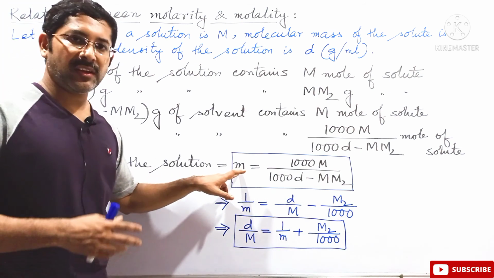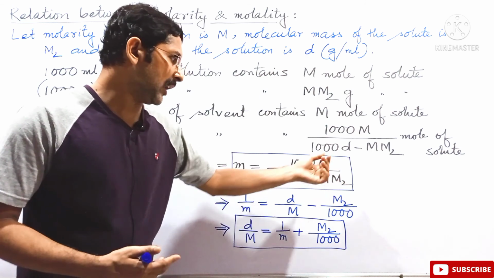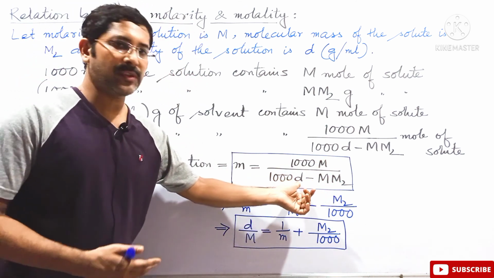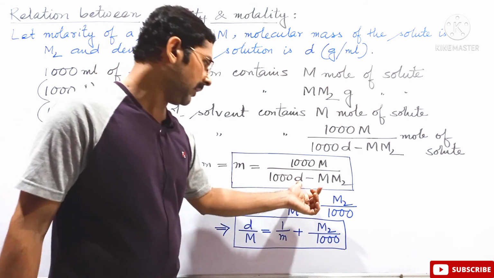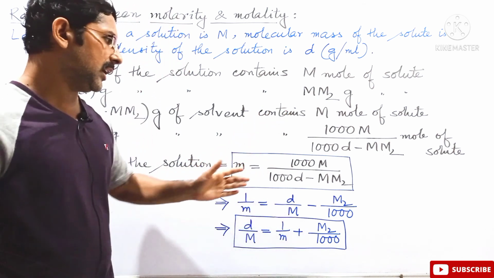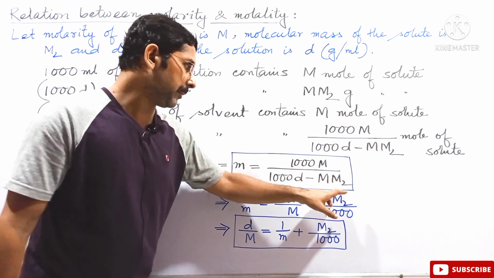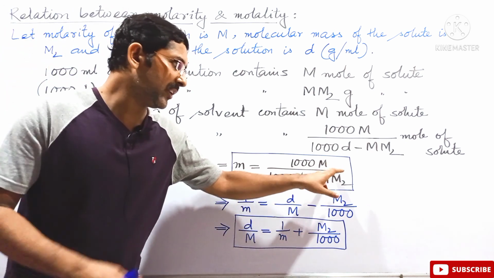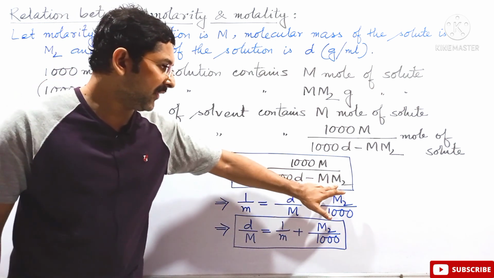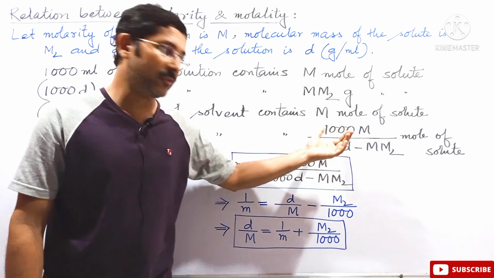Say molality of a solution is given in the question and it is asked to calculate the molarity of the solution, then of course the density of the solution must be given in the question paper, and the molecular mass of the solute has to be mentioned definitely. Molarity of the solution can be calculated if molality, density and the molecular mass of the solute have been mentioned in the question paper.